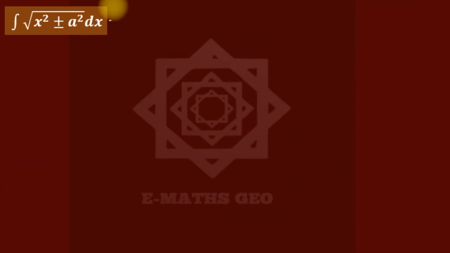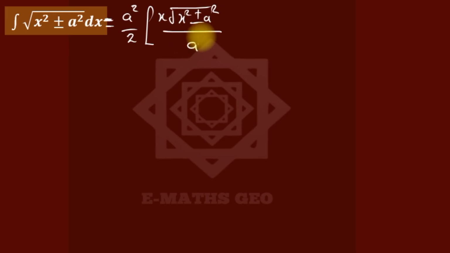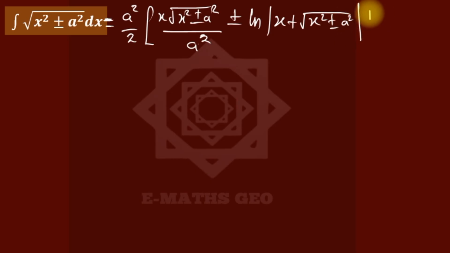Therefore, we can now generalize that the integral of this is always equal to a squared over 2 times x times the square root of x squared plus or minus a squared over a squared, plus or minus ln of x plus the square root of x squared plus or minus a squared, plus k.